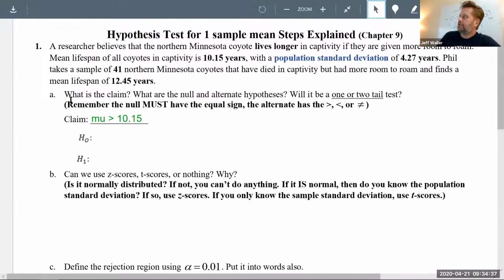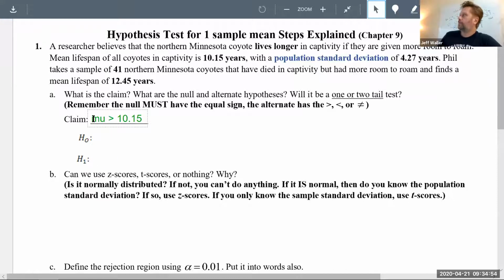But also, do you notice how right here I've got explanations? So just to remind you guys, the null has to have an equal sign. Does that statement have an equal sign? No. So it doesn't go here. It goes here.